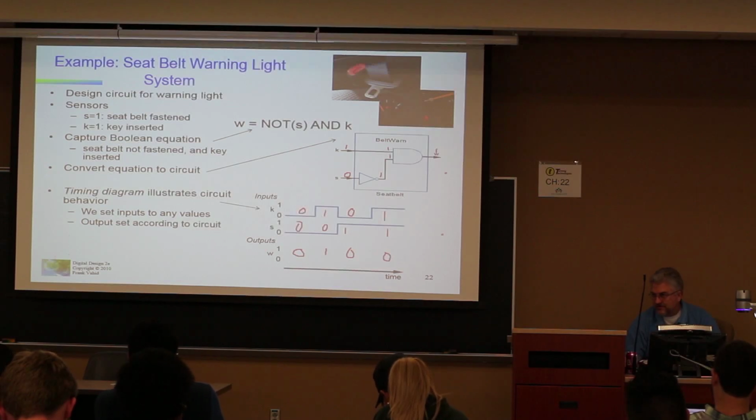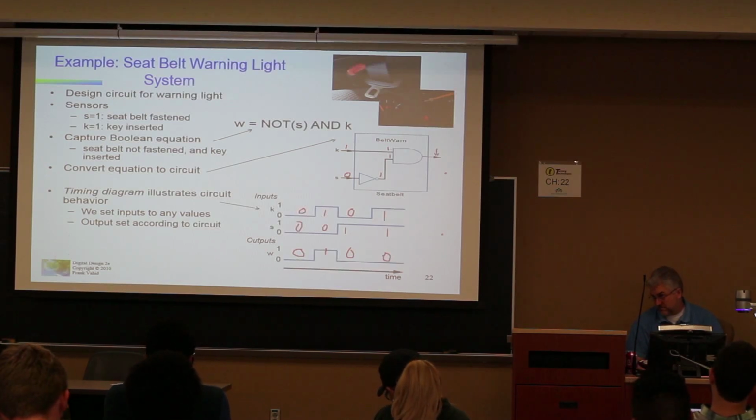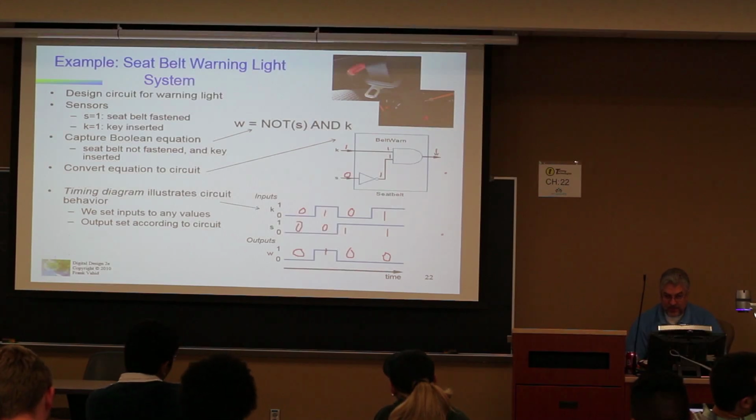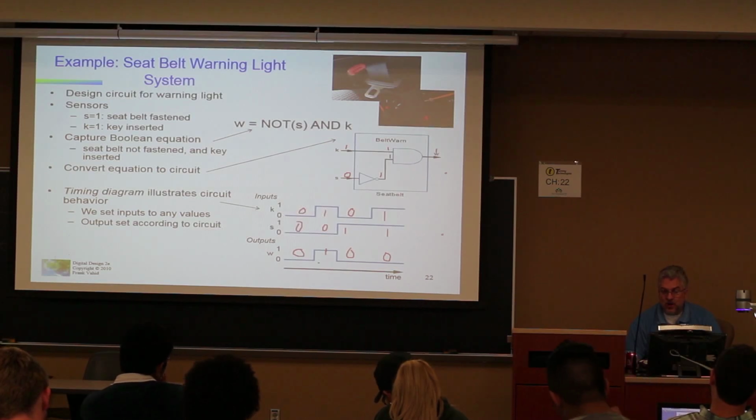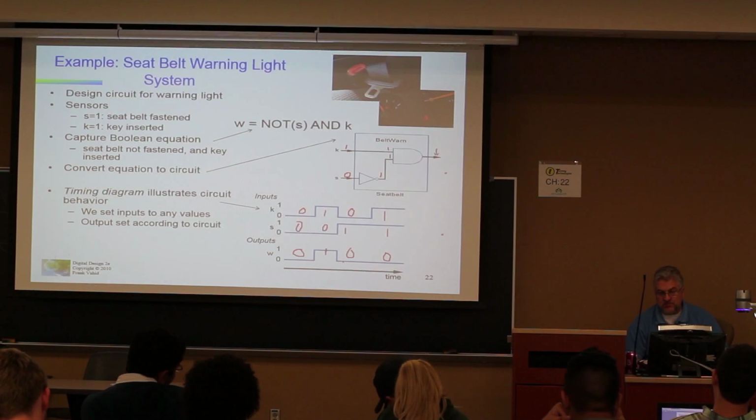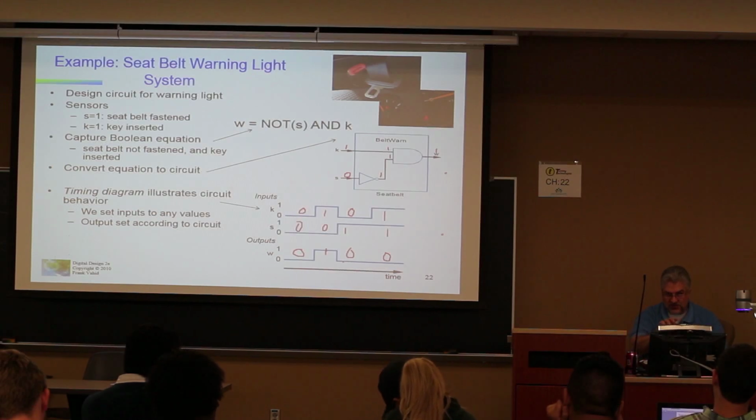Do you agree with me? So, what do you know? It's what showed up. So the whole idea is, an AND gate at the end represents our 1 in the situation when you're not fastening the seat belt and the key is inserted. And I think it's more than just the key inserted. I think it's the key inserted and turned.